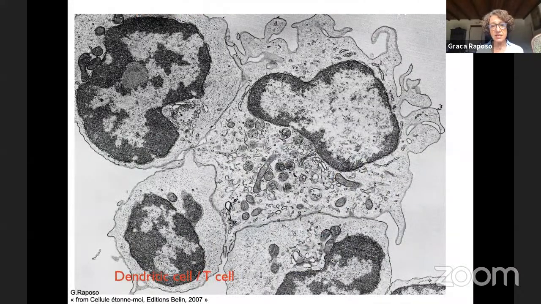So this is an image that I pretty much like to show, because this is a dendritic cell with T cells. So this is an immunological synapse. So this was my life before pigmentation in immunology, although I'm still very interested by what immune cells have to tell us.